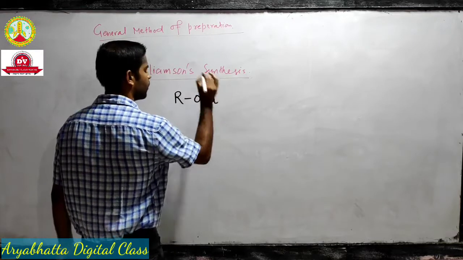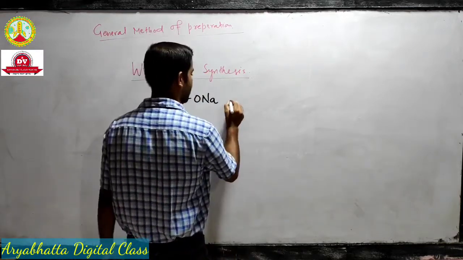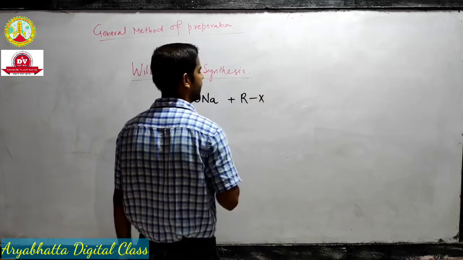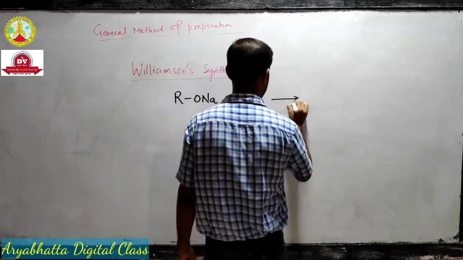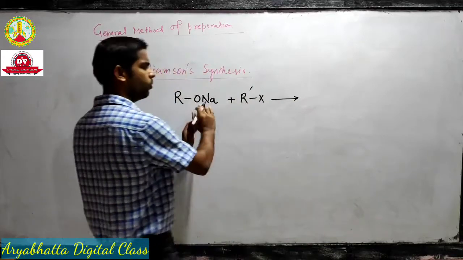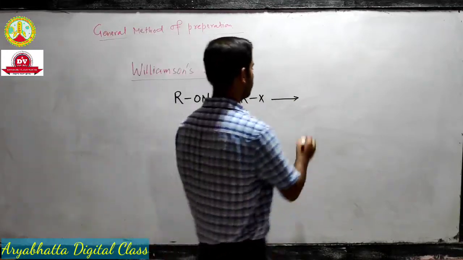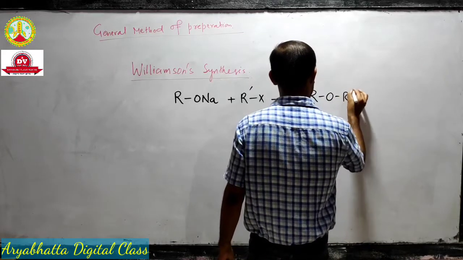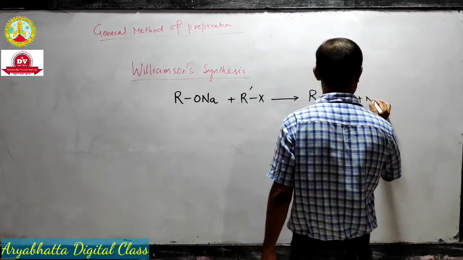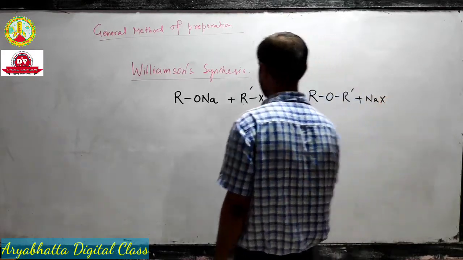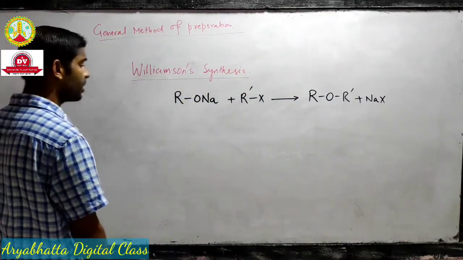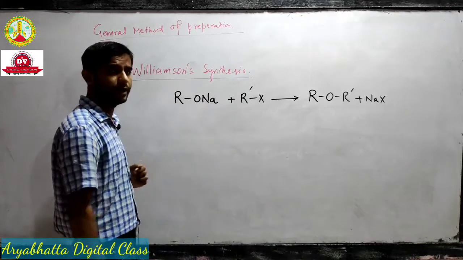Sodium alkoxide reacts with any alkyl halide, they can be different or they can be the same, and finally we get an ether.